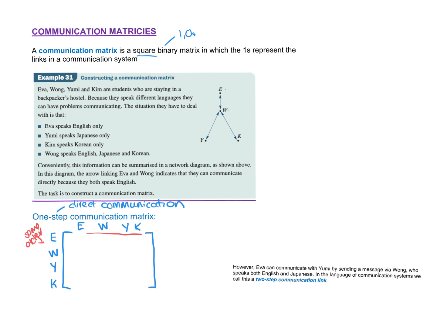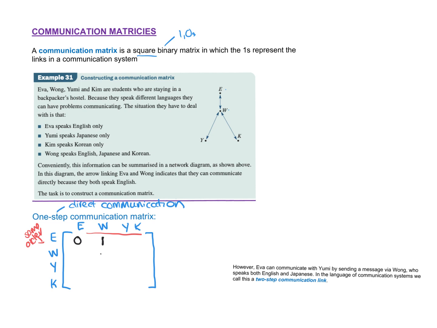Okay, so you give a 1 if you can communicate with a person. If you look at Eva, she can talk to Wong only. So between Eva and Eva, there's a 0. Now, there's no point communicating with yourself. You already know the information. So we'll see zeros when you have the same letter.